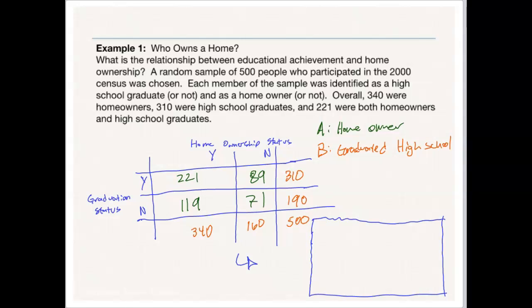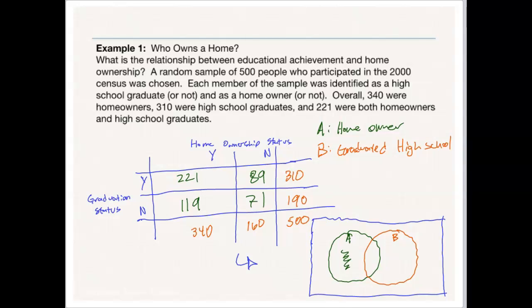All right, so we're going to do this. We're going to have event A, and we know that they overlap with event B. We're just going to fill in the values. And so how many people here, we know that total homeowners were 340, but if I want to just fill out in this section, that's homeowners that did not graduate high school.